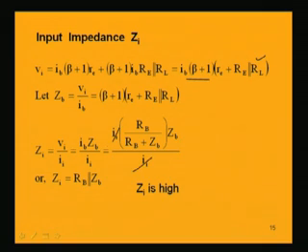Then these two cancel. What we are left with is nothing but Rb parallel Zb. If we replace Zb by this value, then we get the final expression.